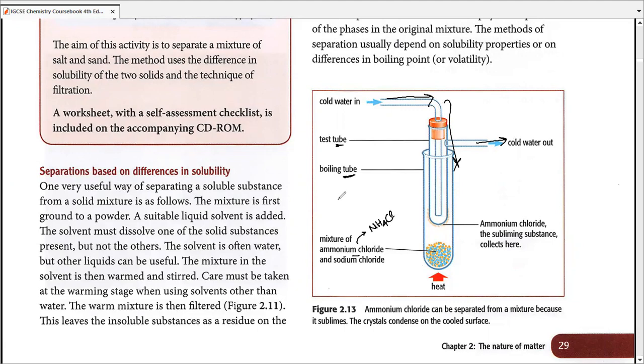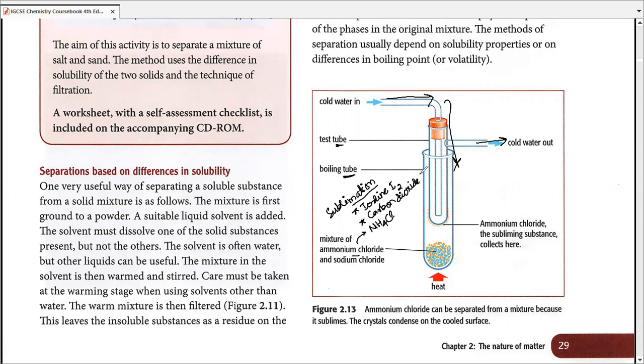Now remember, when we were doing the topic of sublimation, we had four examples for substances that can sublime. The first one was iodine, the formula for which was I2. The second one was carbon dioxide, CO2.